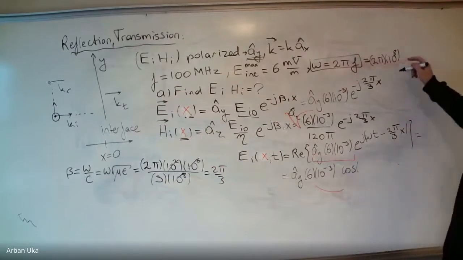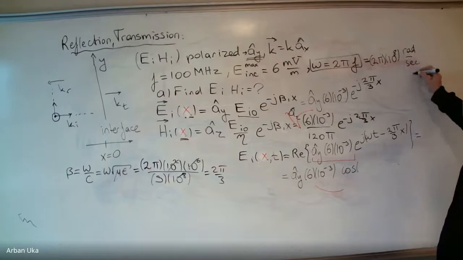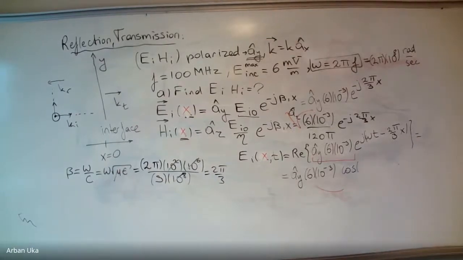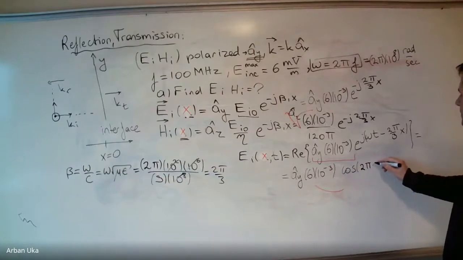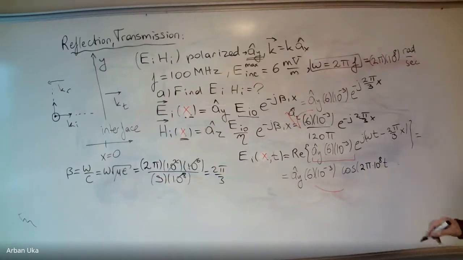So we get cosine of 2 pi times 10 to the power 8 t minus 2 pi over 3 x. So this is the electric field.